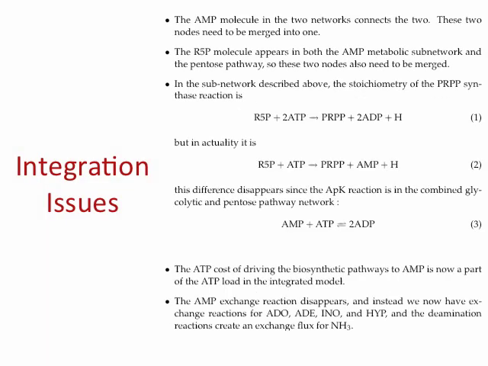So these integration issues are also detailed in the text, and I think I've already gone through them. The AMP compound, or the AMP node, should become one. Same thing with the R5P node. Since it appears in two networks, it needs to be brought into one node. So all the fluxes that go in and out of that node need to be represented in that node map if you were to draw it.